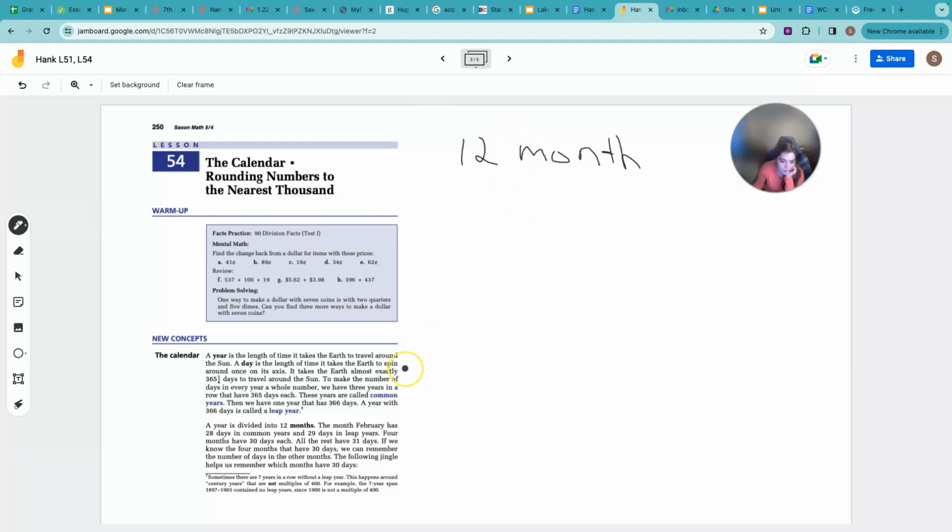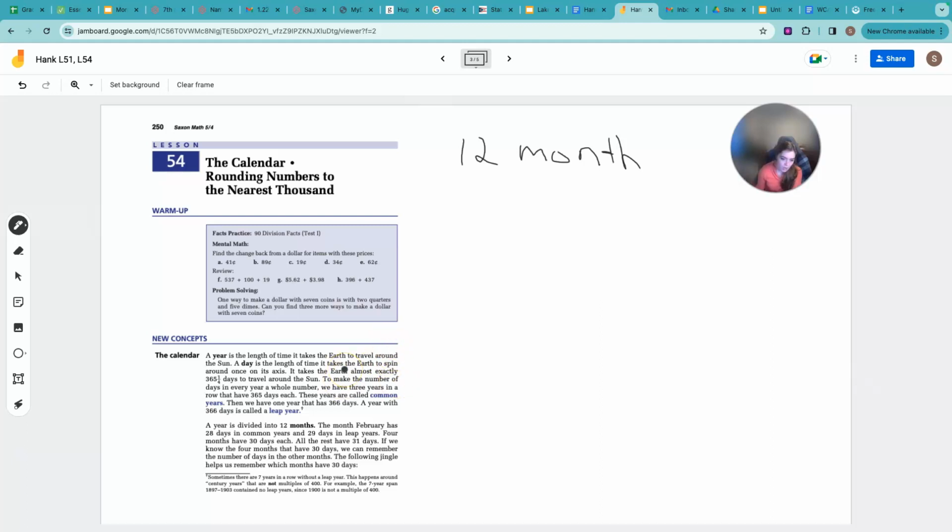It takes the Earth almost exactly 365 and 1/4 days to travel around the sun. So to make the number of days in every year a whole number, we went with 365, though it's technically 365 and 1/4 days.